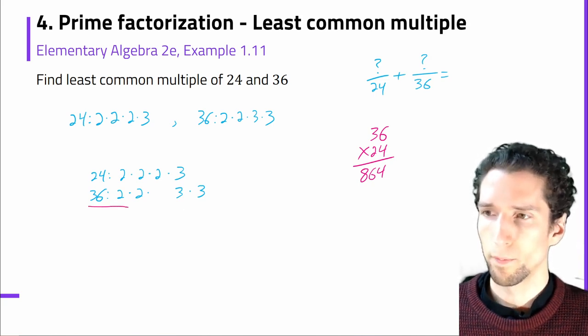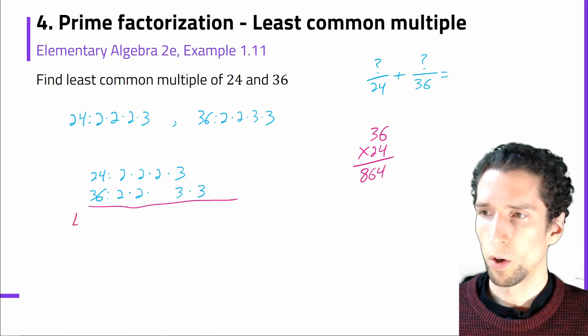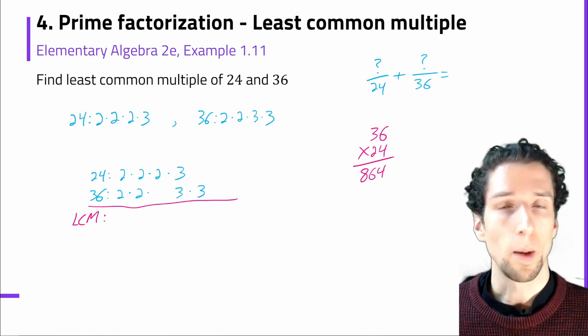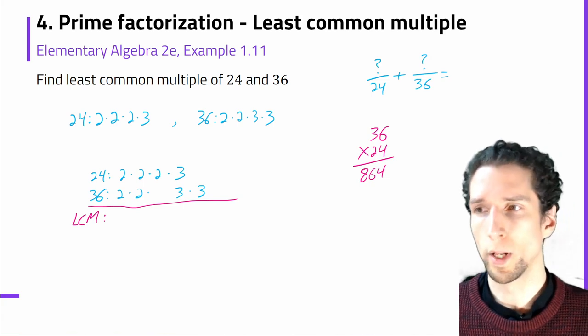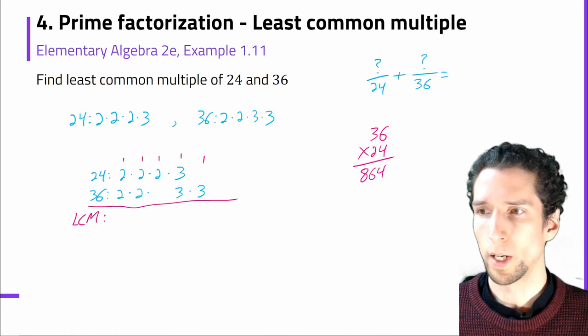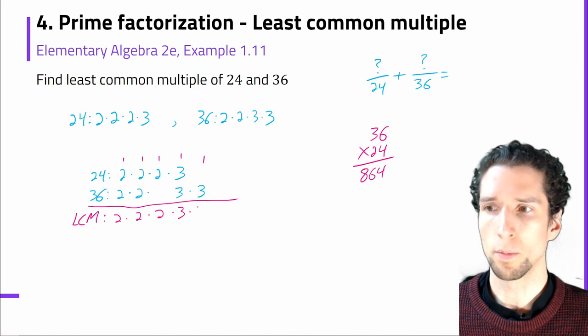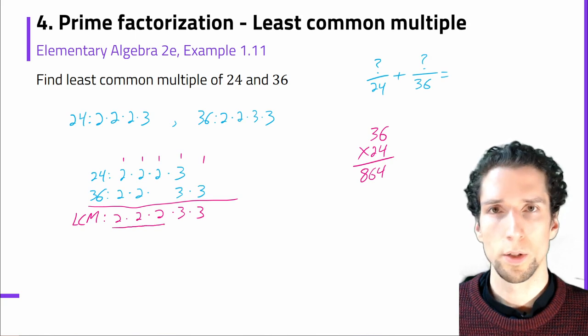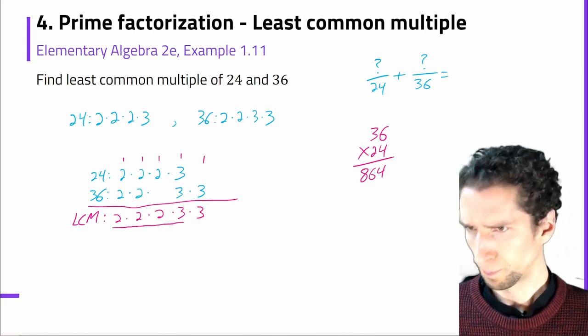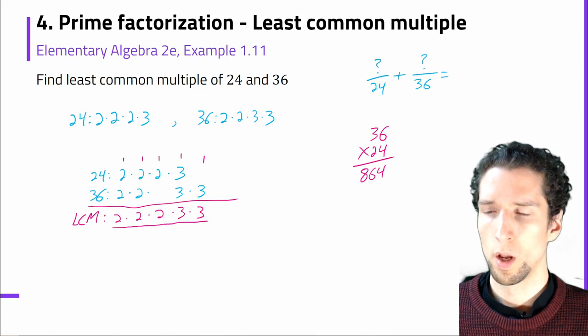So if we do that, then our least common multiple will be the number that we get from just sampling each column once. So 1, 2, 3, 4, 5 columns like this. 2 times 2 times 2 times 3 times 3. 2 times 2, 4 times 2, 8 times 3, 24, and times 3, 72.